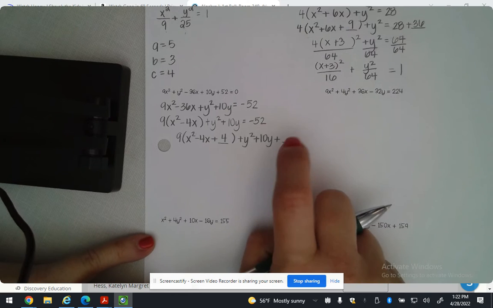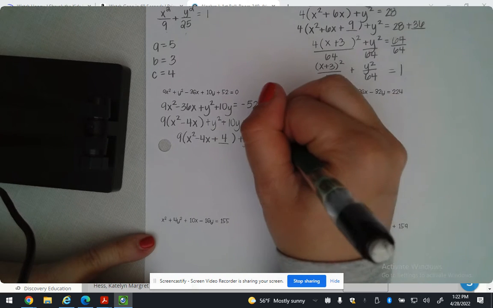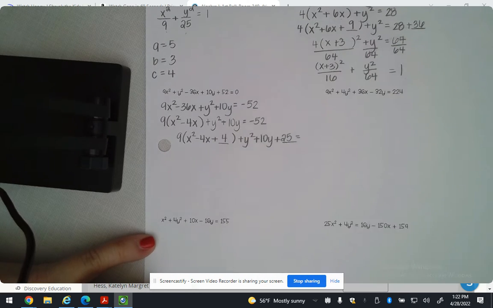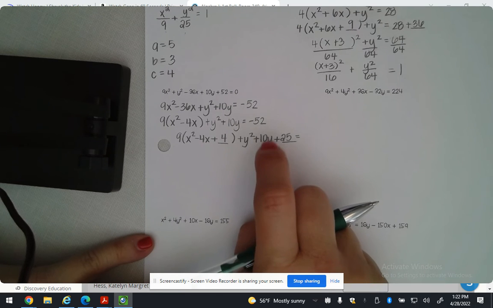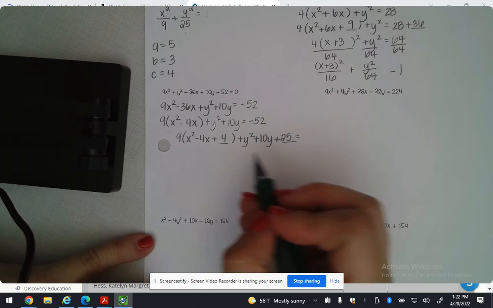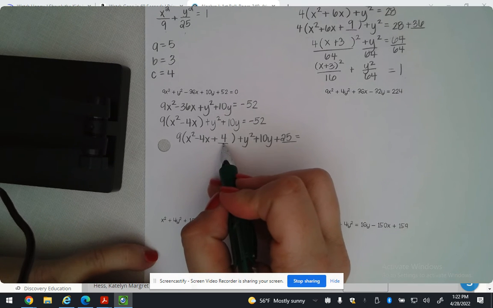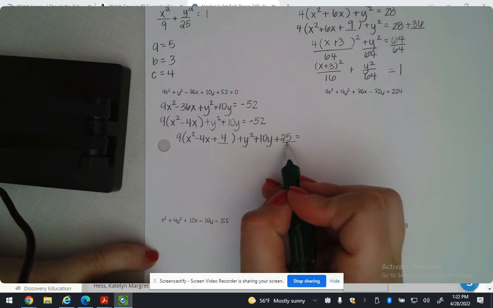So what's this piece though? 25. Wait, why is there 25 with it? Because you got to complete this square on this side, because it's got a y class. So this is going to be, as Caleb got really excited about, 36 plus 25. 61. Yes.